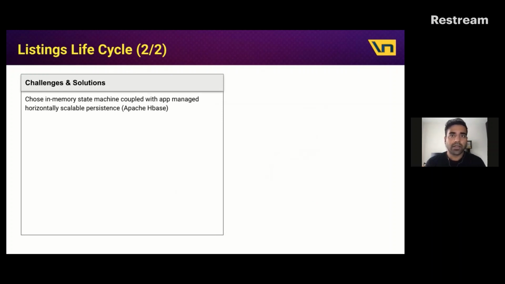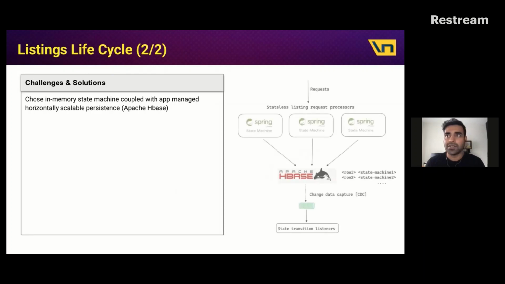In terms of challenges, if we had to make sure that it is scalable, what is the solution that we come up with? What we came up with was something which is horizontally scalable at the application layer, with horizontally scalable persistence as well.